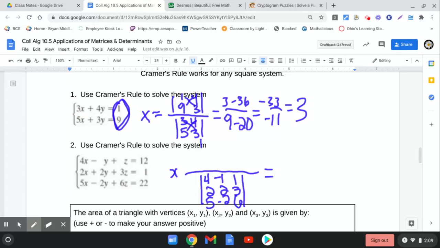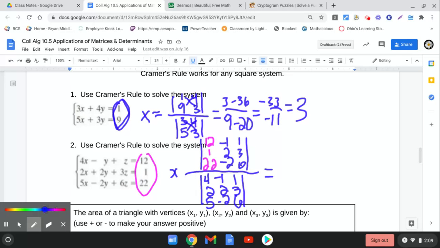And then on top, we're going to leave the y and the z columns alone, and we are going to replace this x column with the answers, 12, 1, 22. Okay, and we're going to find the determinant of those.